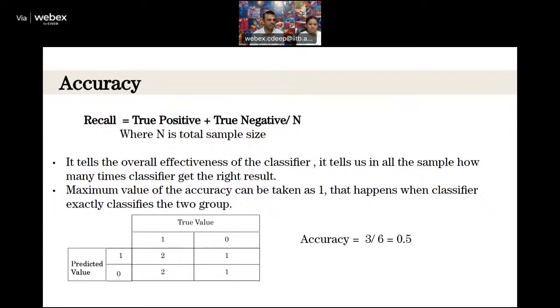But what if the data is really not balanced? For example, I have data of 100 students, and 95 students pass the exam. If I simply say all the students will pass without applying any intelligence, that will be 95% accuracy, and precision is also around 95.